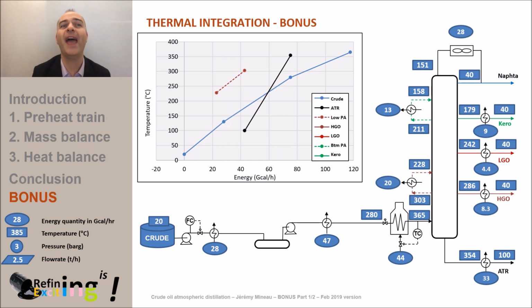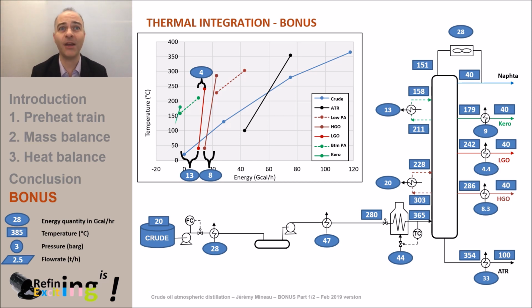We continue with the heavy diesel, for an energy quantity of 8.3 gigacalories per hour from 286 degrees C to 40 degrees C. Then the light diesel for a heat of 4.4 gigacalories per hour from 242 degrees C to 40 degrees C. Then the next hottest flow available is the top pump around, which is available from a temperature of 211 degrees C to 158 degrees C for an energy quantity of 13 gigacalories per hour.